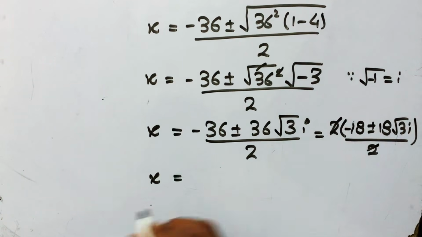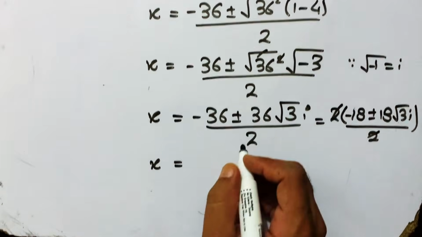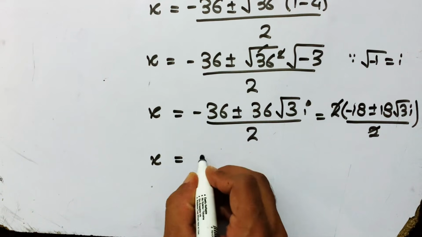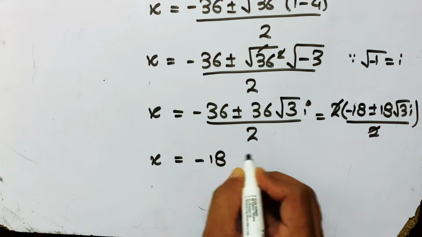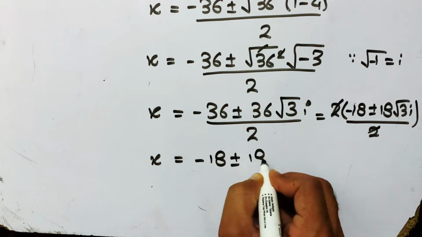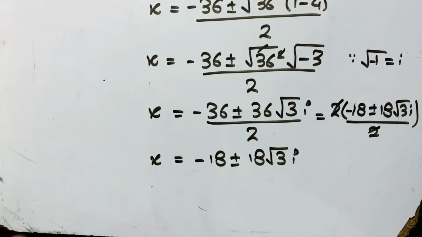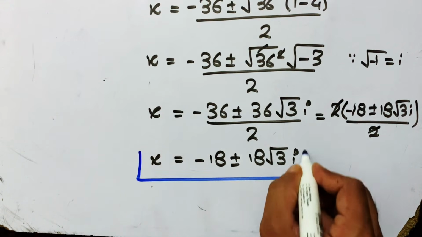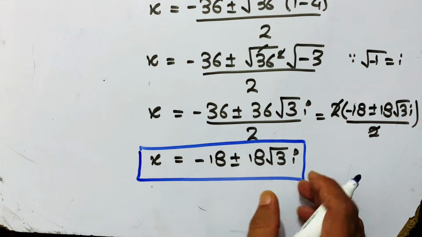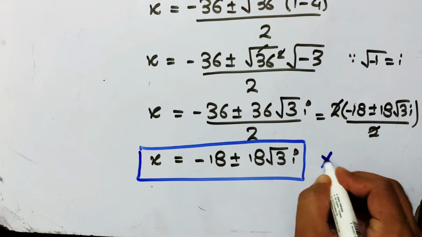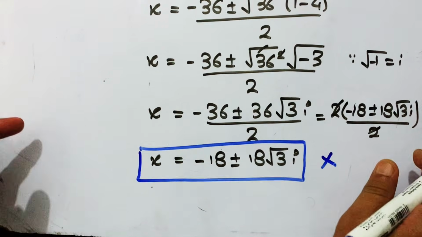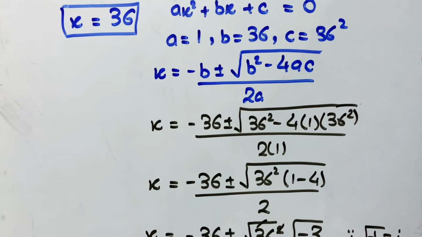Canceling out the 2 up and down, our remainder is minus 18 plus or minus 18 square root of 3 iota, which is imaginary. So this is not a possible solution. Our real solution is x equals 36.